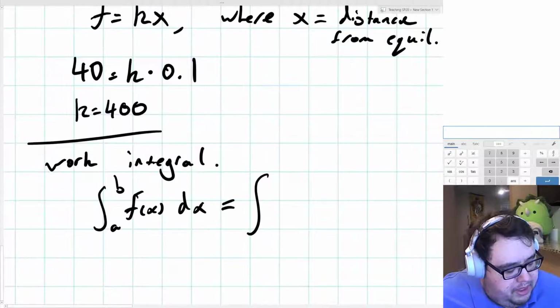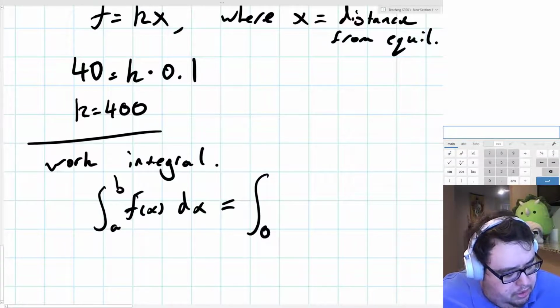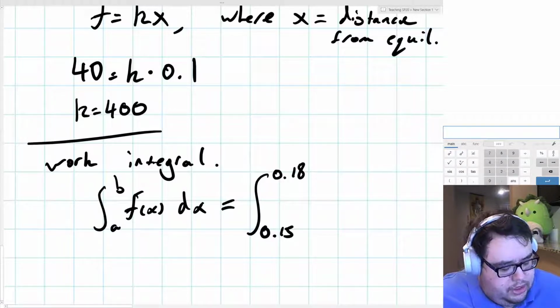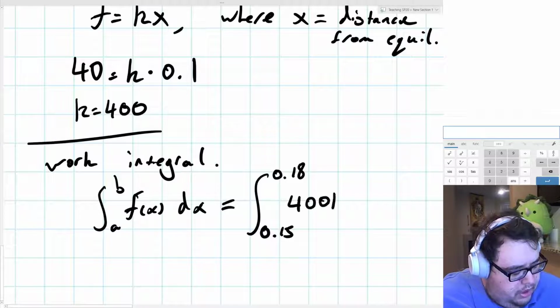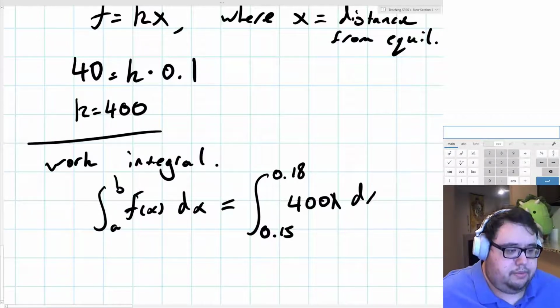Converting those bounds to meters, we get 0.15 to 0.18. And our force function is kx, so that'll be the integral from 0.15 to 0.18 of 400x dx.